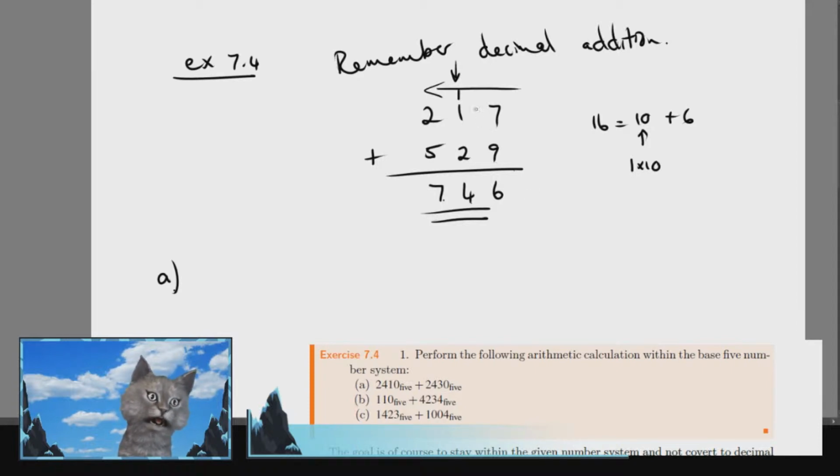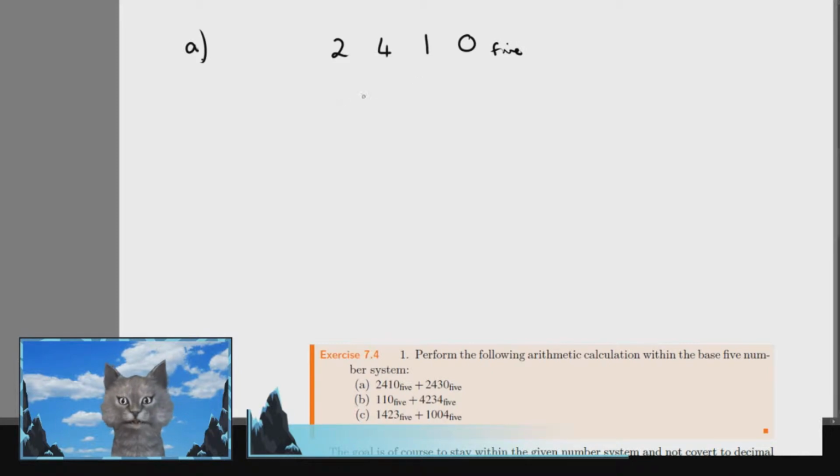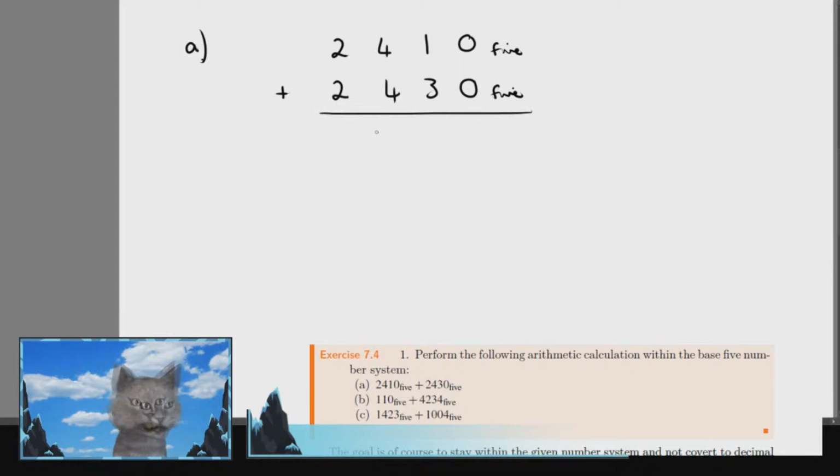The first thing I did was line everything up correctly. So we have 2, 4, 1, 0, base 5, and I give myself enough space to line everything up. 2, 4, 3, 0, base 5, then my line, and I'm ready to start. Right to left, the method does not change.